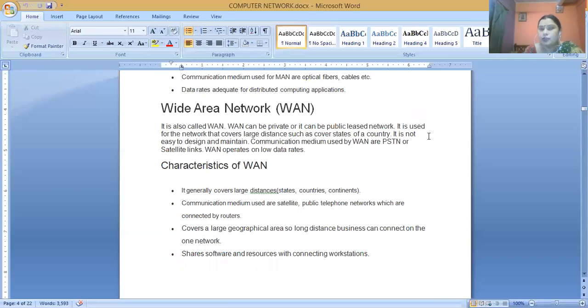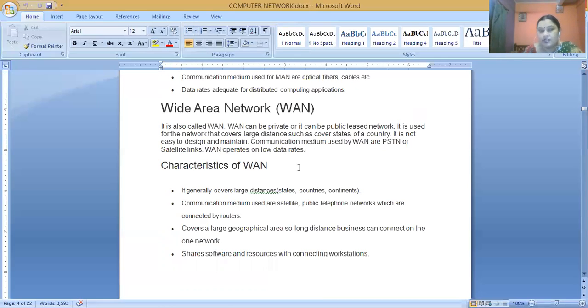It is not easy to design and maintain. The communication media used by WAN are satellite links, and the data rate for WAN is low as compared to MAN and LAN.